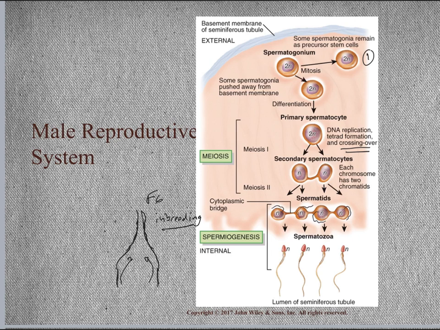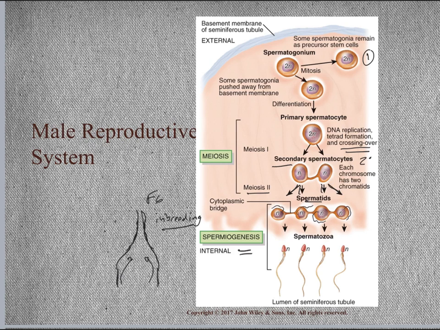So after that first breakup for meiosis 1, we enter into our secondary spermatocyte. Now each chromosome has 2 chromatids. We enter into meiosis 2. So we're breaking down again through prophase, metaphase, anaphase, telophase 2, and we end up with our spermatids. Now, look at our terminology.